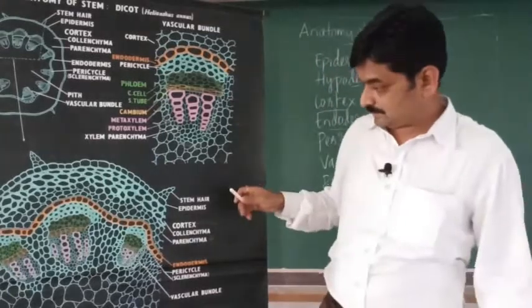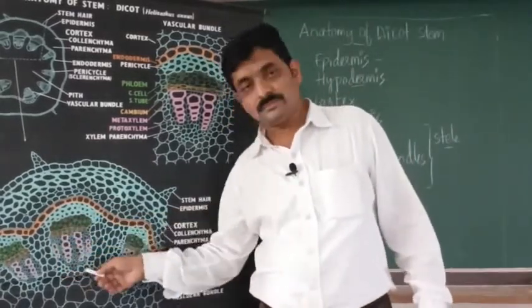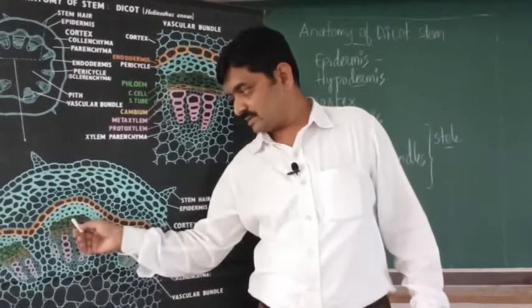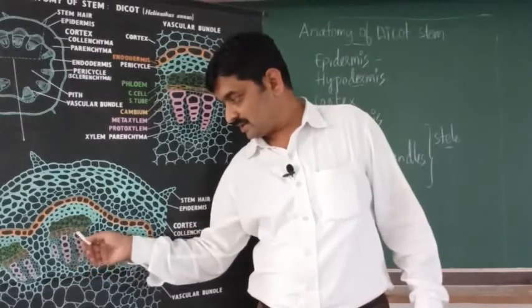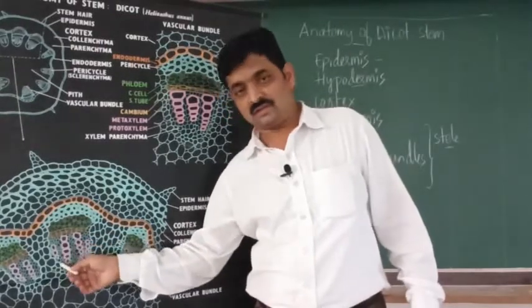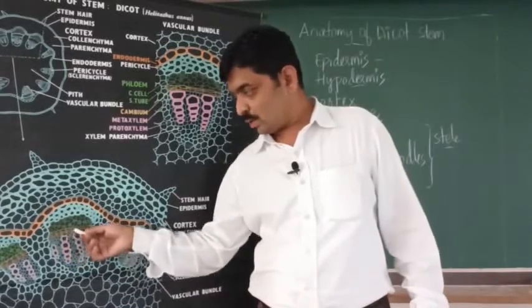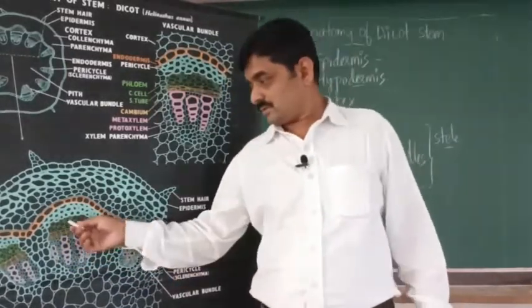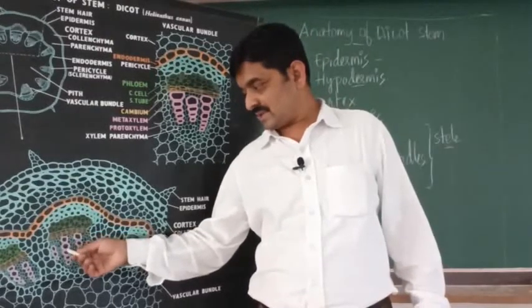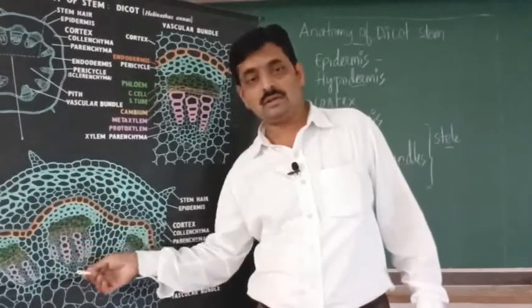Now you can see here, this is the vascular bundle. This green tissue here is the phloem. The pink vessels are xylem. This yellow patch of cells is cambium. So phloem, xylem, and in between that you find cambium. This is one vascular bundle.